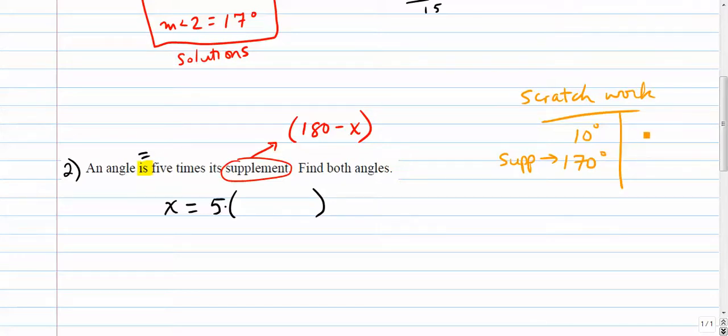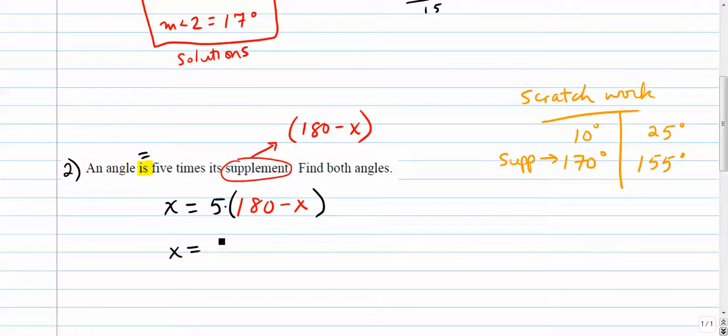If I gave you an angle of 25 degrees, and then I asked you for its supplement, you would go 180 minus 25, or 155. So generally speaking, this is a very general way of talking about what supplement means. It's 180 minus the number. So we're going to replace the word supplement with 180 minus x. And then we just solve it.